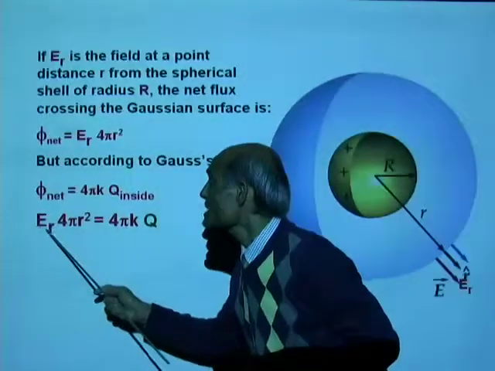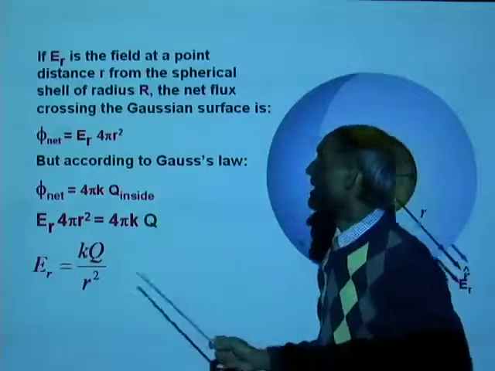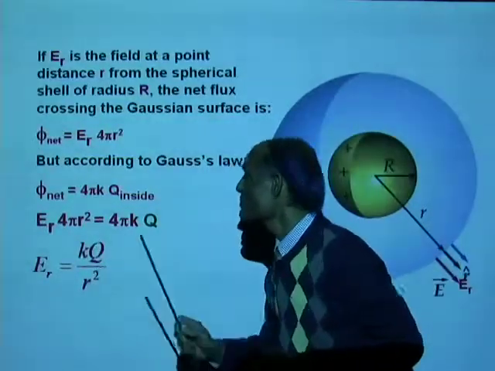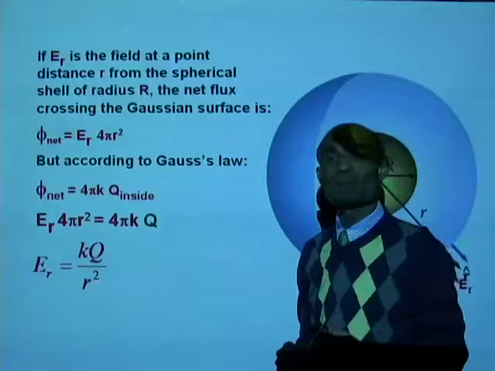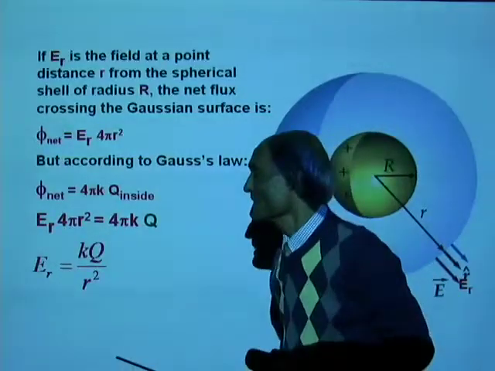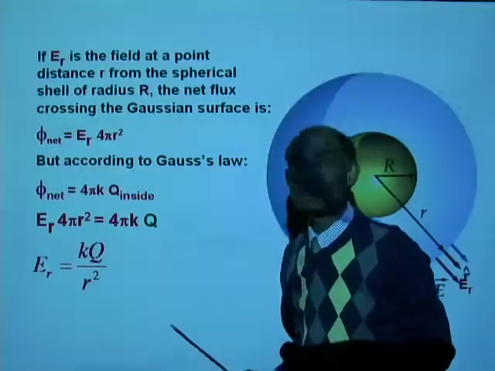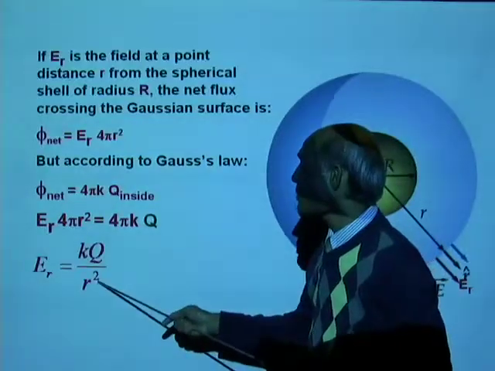Now, therefore, what is E R equal to? E R equals k Q divided by R squared.